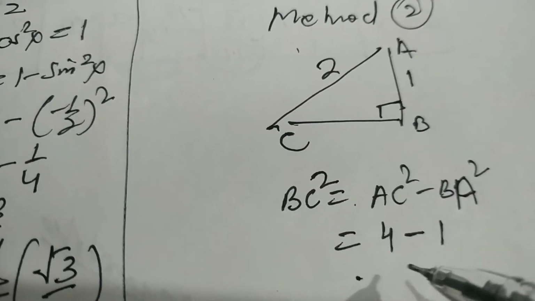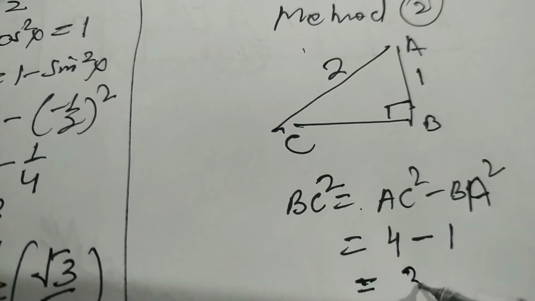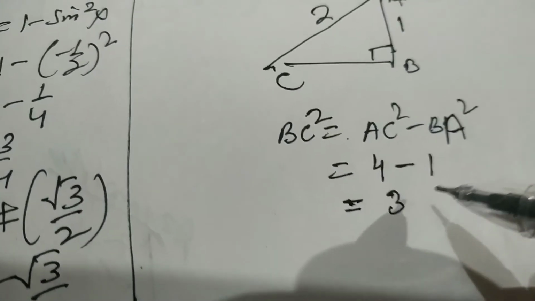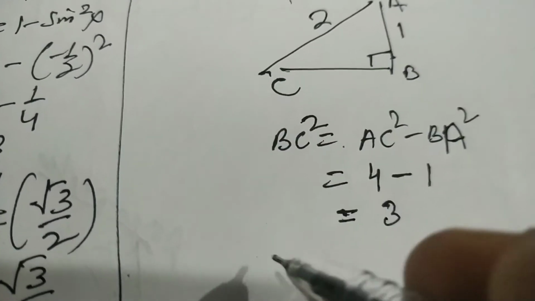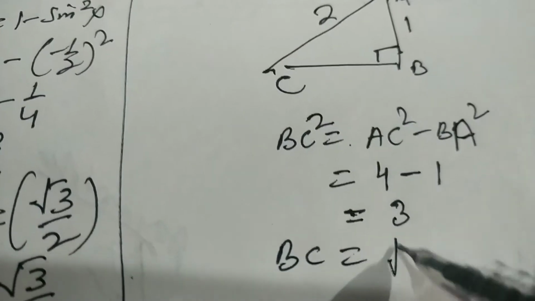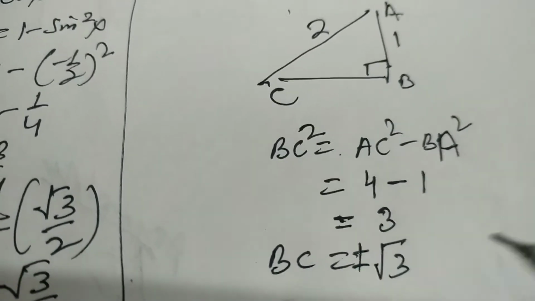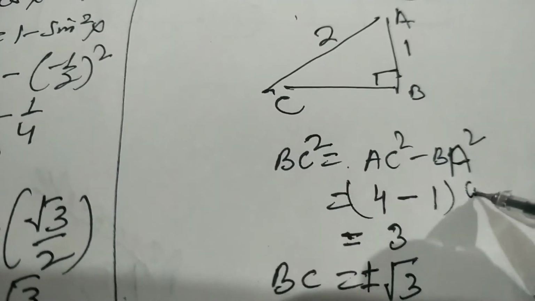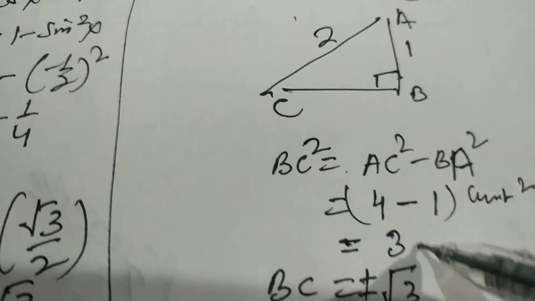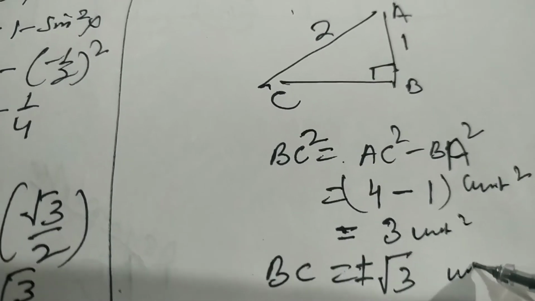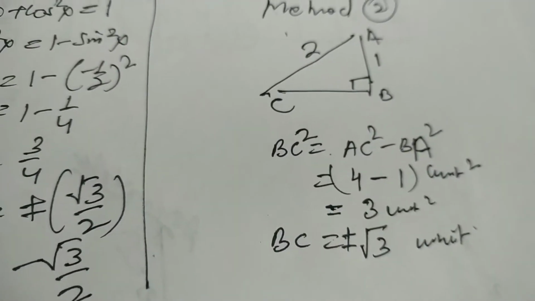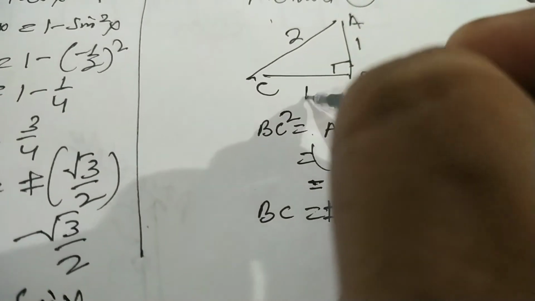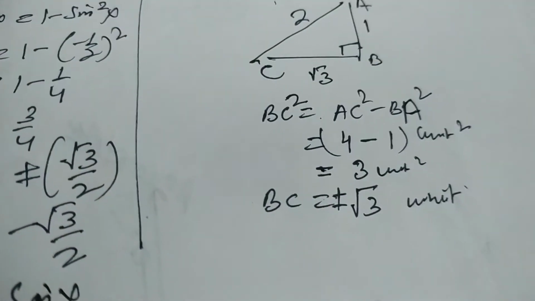That is correct. It is 3 unit square, and BC is plus minus root 3. If you write unit square, that is not a problem. Now we have BC, we write only root 3.